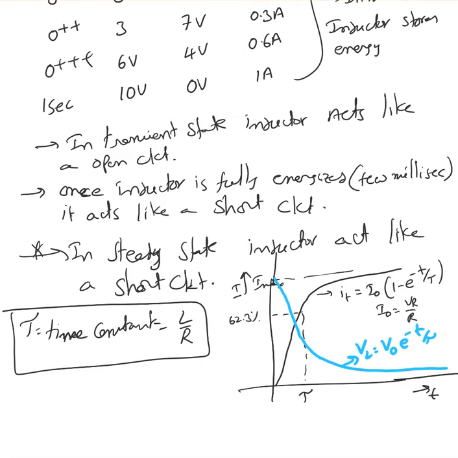It is the time taken to reach 62.3% of the final value when it is increasing. When it's decreasing, the tau value is the remaining 37.7%. So that's the time constant.